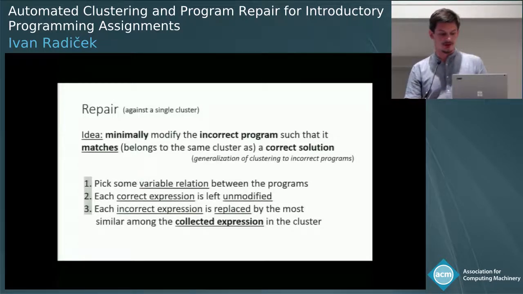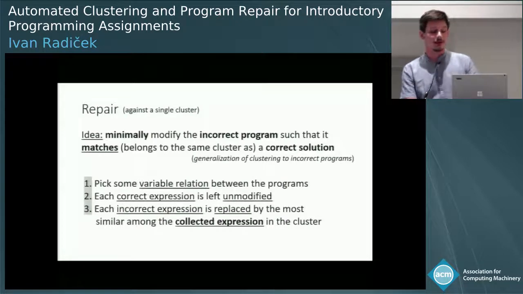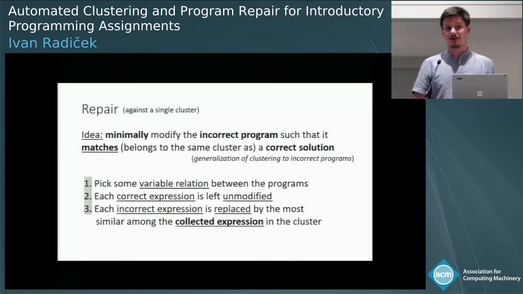Well, we pick some variable relation between these two programs. As we said, this is a witness that two programs match. Then, for each correct expression in the program, we leave it unmodified. And for each incorrect expression, we replace it by the most similar among the collected expressions in this cluster.